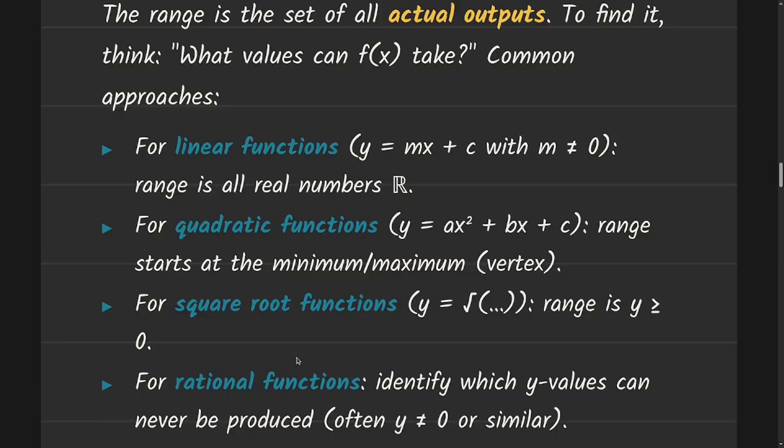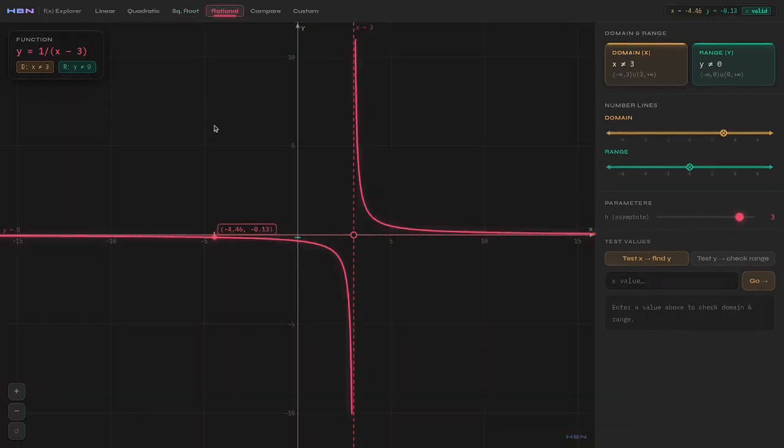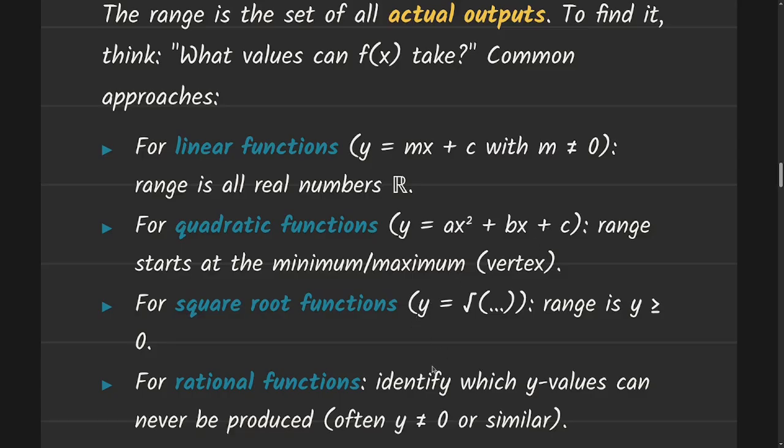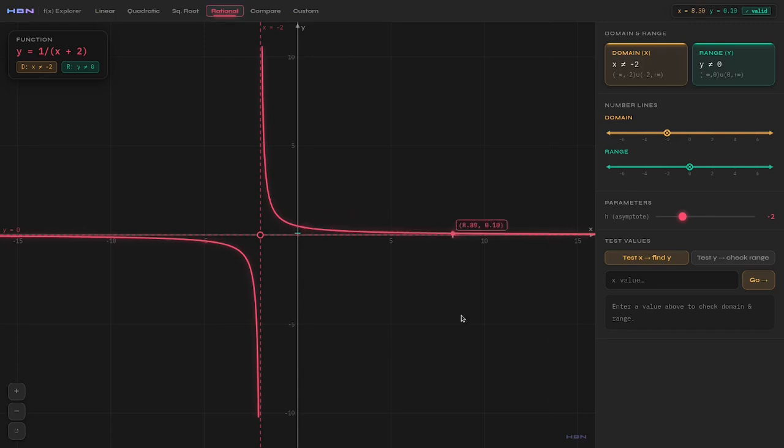Then we have rational functions. For a rational function, its graph is a little bit interesting. It says you have to identify the value for which y can never be produced. So if you look at this function, for instance, it's a rational function of 1 over x plus 2.